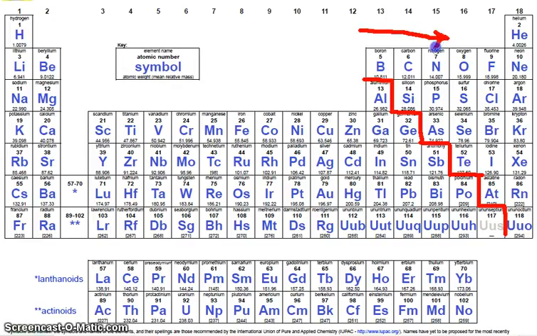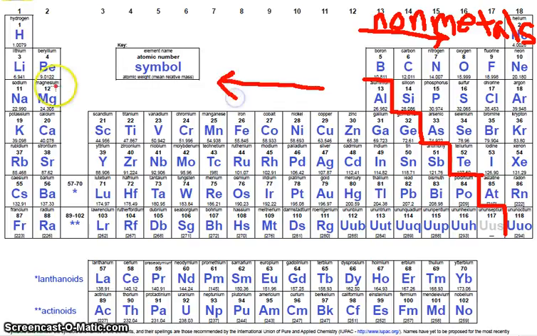Everything that is on the upper right side of the stair-step, these are your non-metals. You are going to have to put up with my really bad handwriting here. Everything that is to the bottom left of that stair-step line, all the way over, these are the metals.